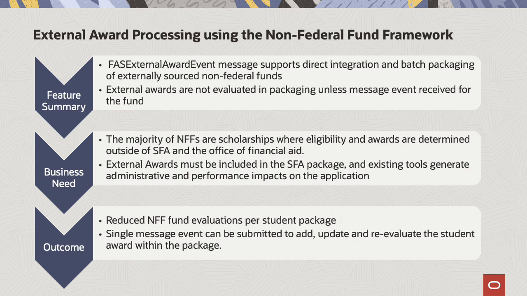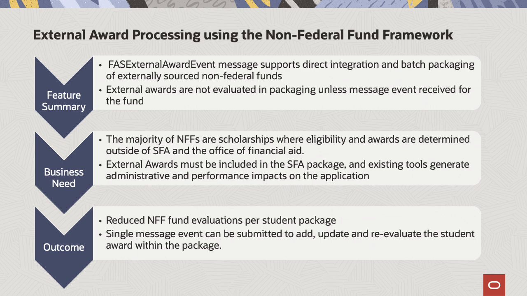Moreover, when the message is submitted containing a subset of the optional fields, the system will use scripted configurations to determine the omitted value. Upon message receipt, the application will respond by automatically matching the event to the student in enrollment, identifying the record as a new or update to an existing award, and trigger a reevaluation of the fund and student package.